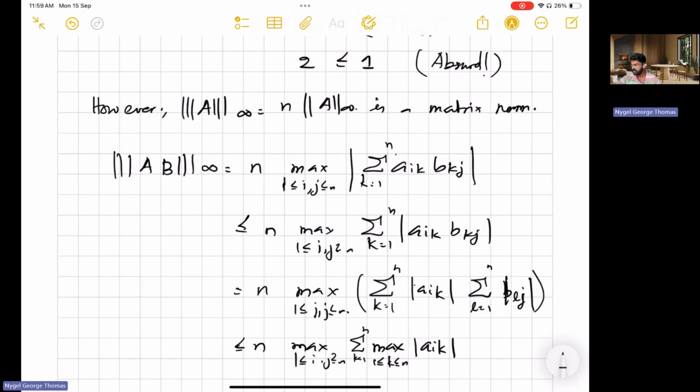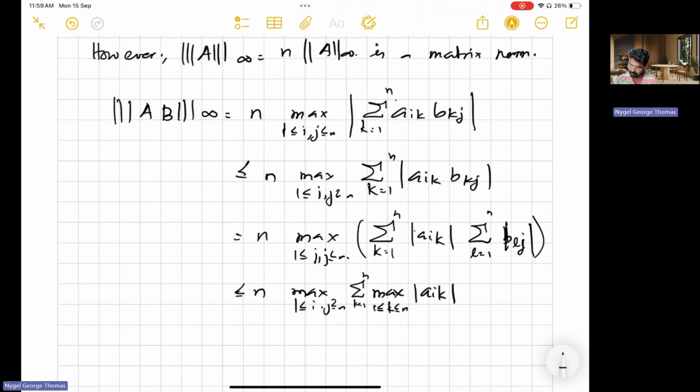If we just choose the max of them and add them together, this is in fact correct. And this is the sum over l from 1 to n of the max over 1 ≤ l ≤ n of the modulus of P_ij, right?